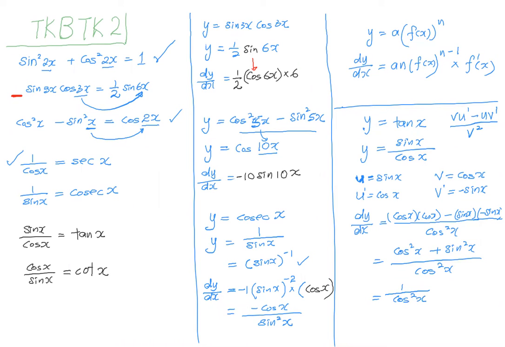So this one is sec square x. So you can write down, if I happen to ask you what is the dy dx of tangent x, you can straight away write down sec square x without going through the quotient rule.